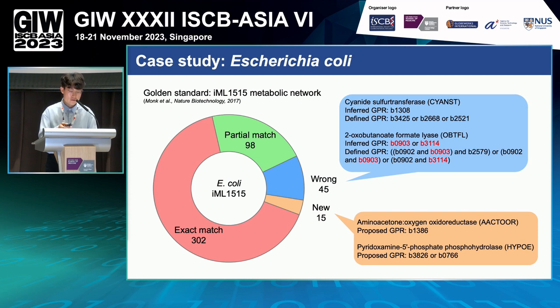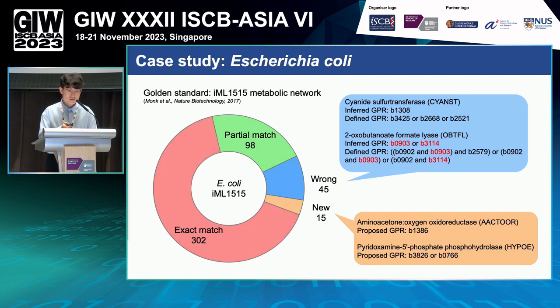When comparing the collected GPR associations with the existing metabolic network of E. coli, about 65% of them matched perfectly, while about 20% were partial matches.